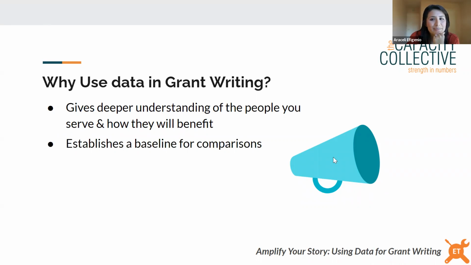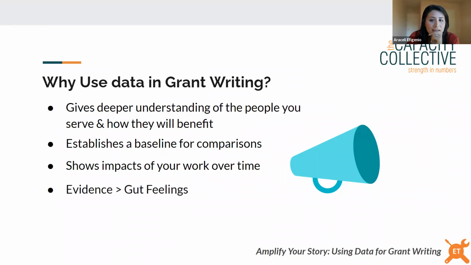Data establishes a baseline for comparisons when your program makes impacts. Using follow-up data and grant reports is a great way to show the impacts of your work and show changes to the groups you serve over time. And lastly, funders are more likely to fund projects or organizations that use quality data rather than just gut feelings or a general instinct.